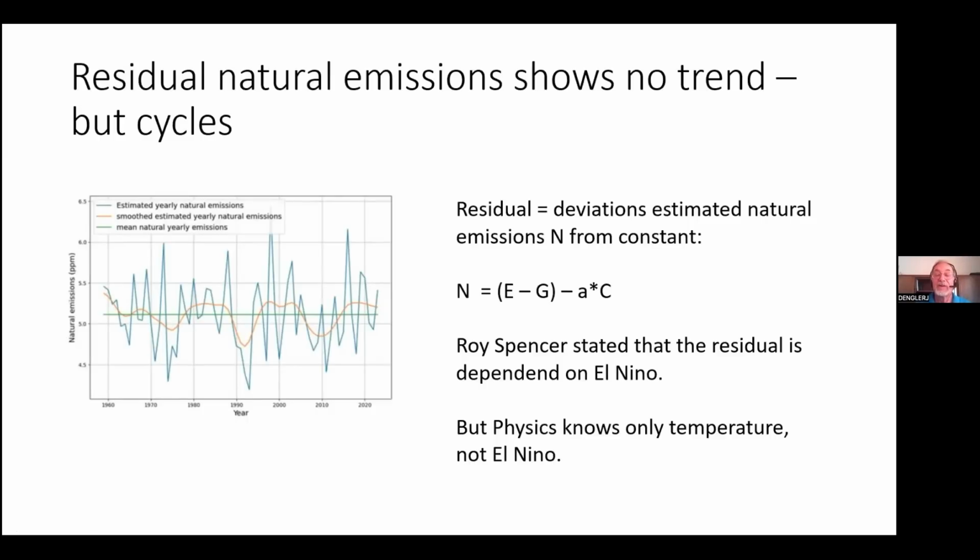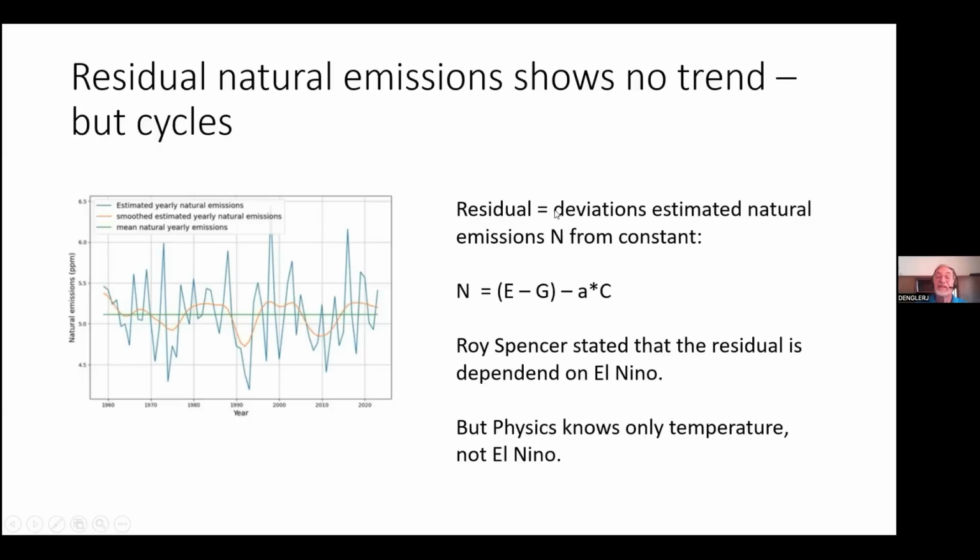And from our equations, we can also compute hypothetical natural emissions. These are again the difference between emissions and concentration growth minus the absorptions. But we model the absorptions now with our constant A times concentration, and then we get a residual.